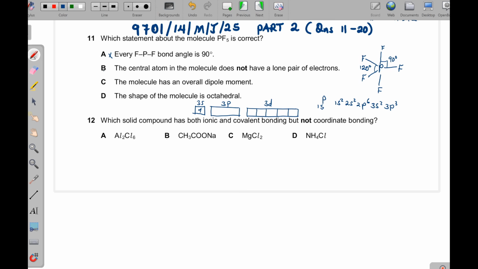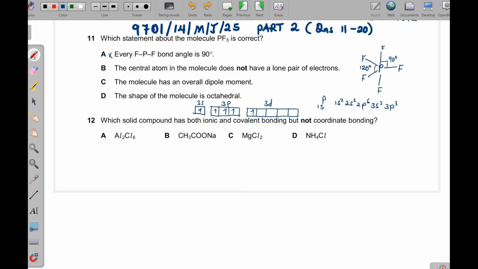So there is 1 electron here. Remember the p initially had 3, then the s had 2. Now 1 electron is excited from the s orbital and put into the d. Now these are 5 electrons that are ready for bonding.